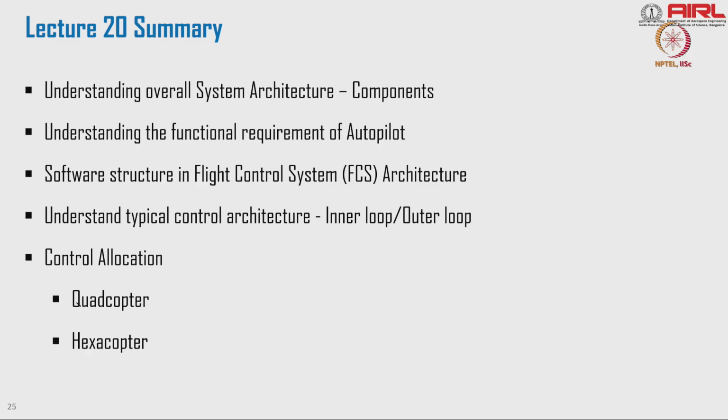We looked at the hardware, how the hardware is connected when you are operating in a normal mode or a stability mode. We understood the control architecture for the inner loop and outer loop, and we focused mainly on the control allocation matrix in this lecture: how U1, U2, U3, U4 generated from different modes of flight are converted into RPM commands.